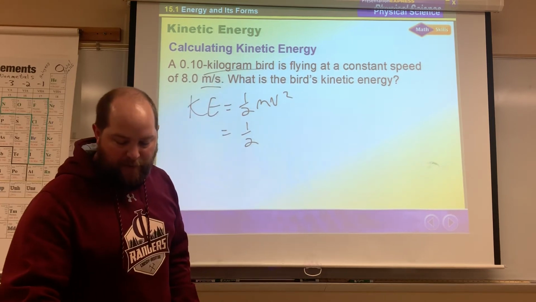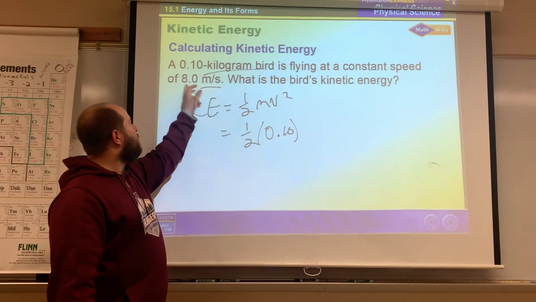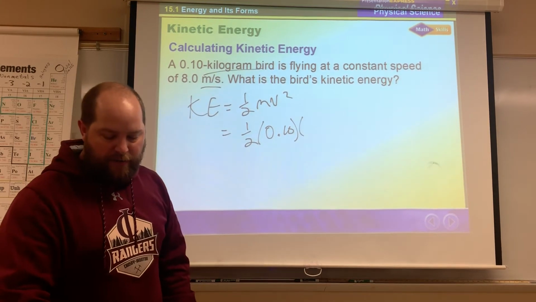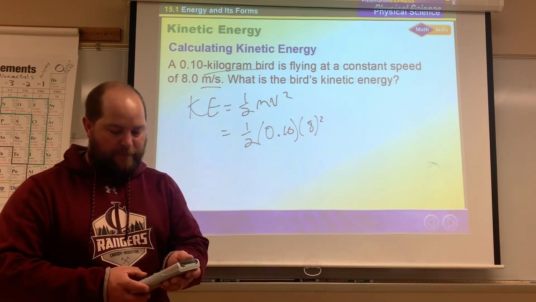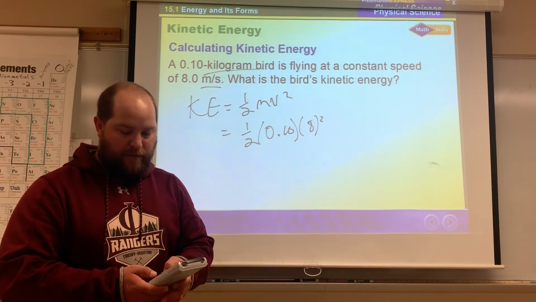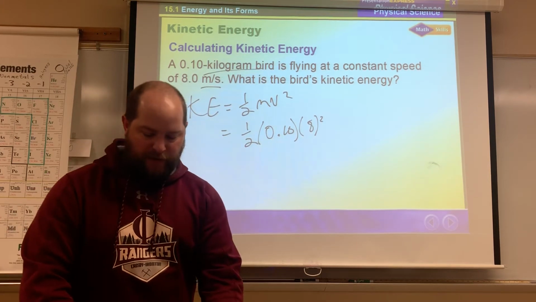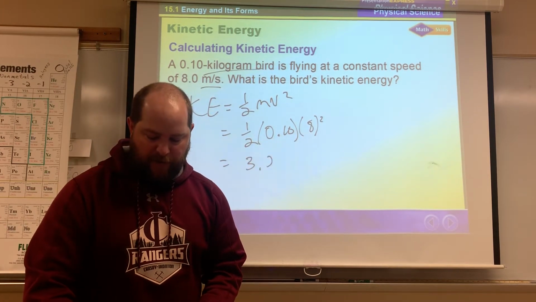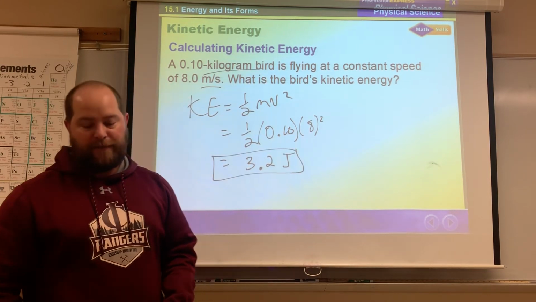So I can plug that number in for mass, 0.10. Meters per second, we're good. So then 8 squared. So I get kinetic energy of 3.2, and then our unit would be joule for kinetic energy.